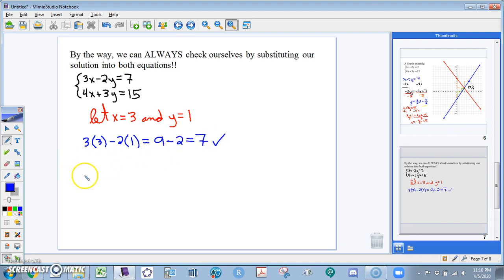So that is a point that makes the first equation true. If I also plug that into the second equation, plugging in 3 for x and 1 for y, now I get 12 plus 3 is equal to 15. So that is also a solution to that equation. That is what we mean by a solution to the system of equations. It makes both equations true.